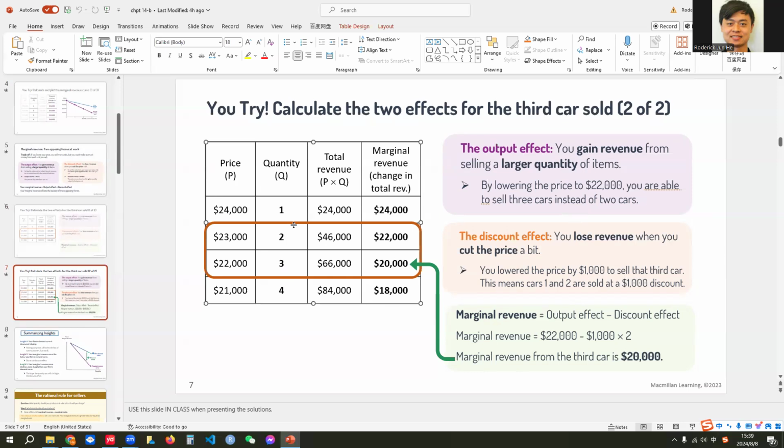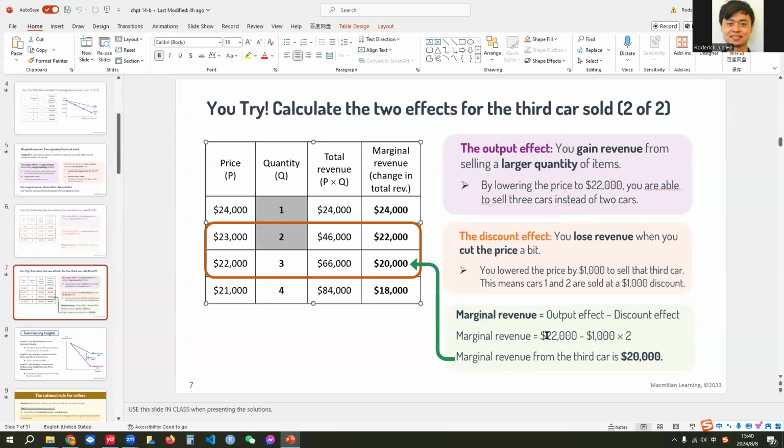All right. So originally you were at 2 cars and the market price was 23,000, and by selling the third car, there are more cars available, right? So the price drops by $1,000, and that $1,000 was applied to the previous 2 units.